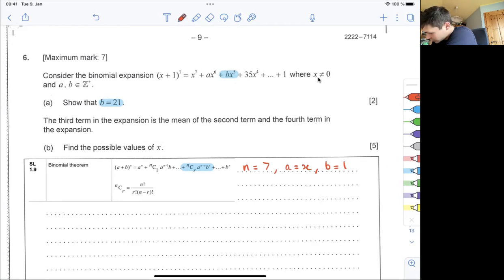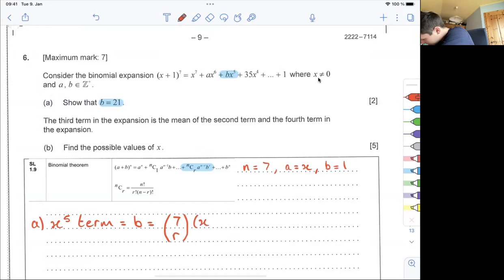If we're trying to find the x^5 term, which is, funnily enough, equal to b, it's going to equal 7Cr multiplied by x to the power of 7 minus r, and multiplied by 1 to the power of r.